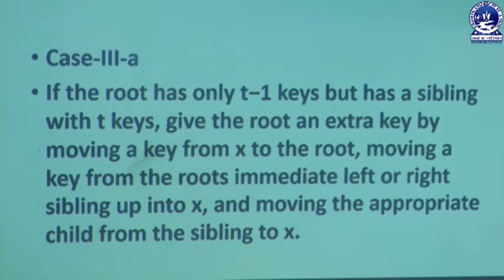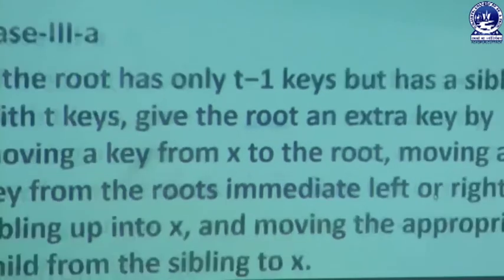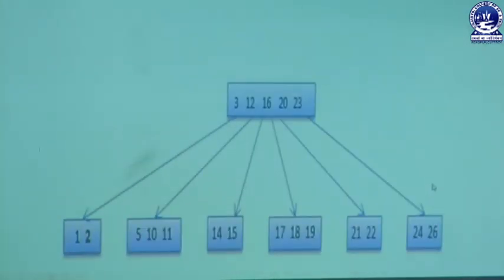If the root has only t minus 1 keys but has a sibling with t keys, give the root an extra key by moving a key from x to the root, moving a key from the immediate left or right sibling up into x, and moving the appropriate child from the sibling to x. Here you can see that the tree is looking like this: 3, 12, 16, 20, 23.